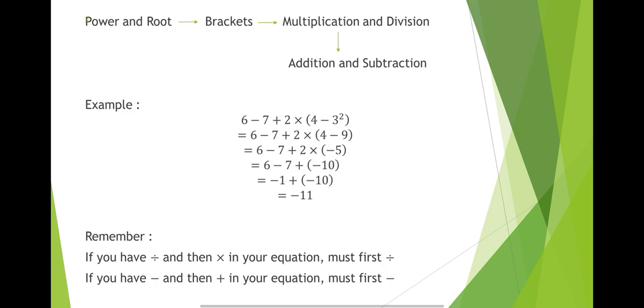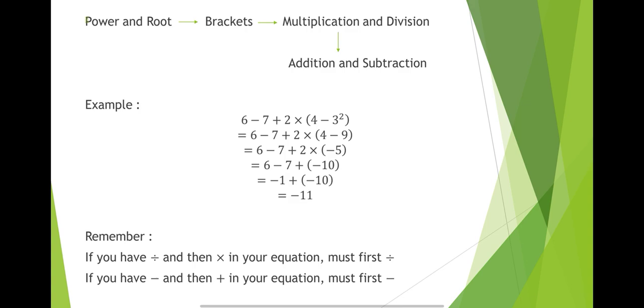Notice on top of the example, I've provided the order of operations from the most important to the less important. Power and root is the most important one. You have to do that first. Whenever you see a power or a root in an equation like this, you have to deal with that first.